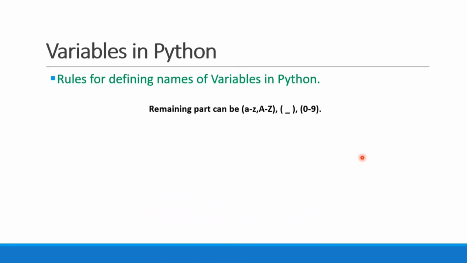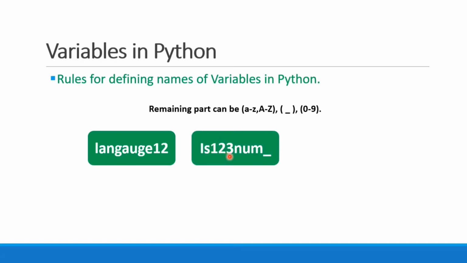So now move to the second rule. The second rule says that the remaining part of the variable name can be a letter, an underscore, or any number you want. Like this, language12 is a legal variable. Similarly, is123number_ is a legal variable.